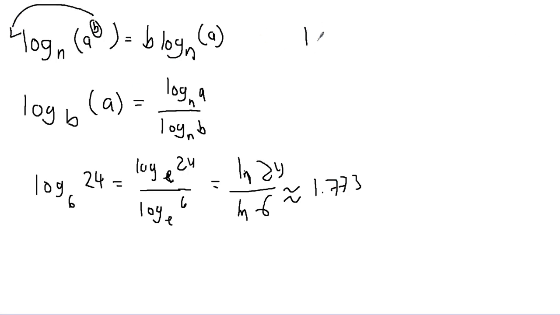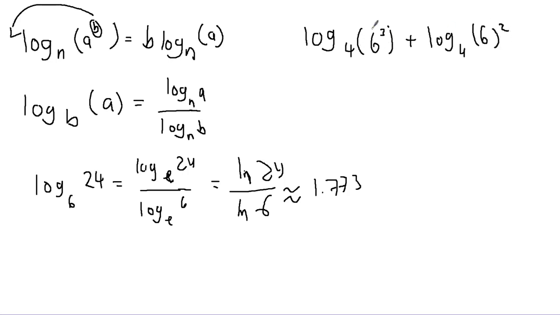If you ever see an exponent, so let's say log base 4 of 8 squared. No, let's make it easier. Log base 4 of 6 cubed plus log base 4 of another 6 squared.